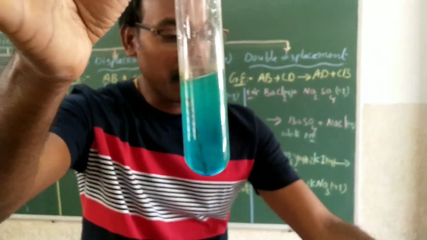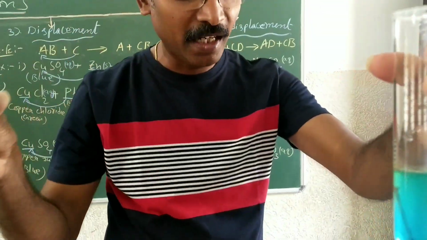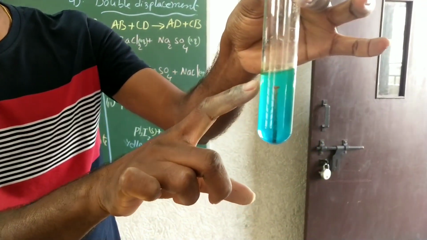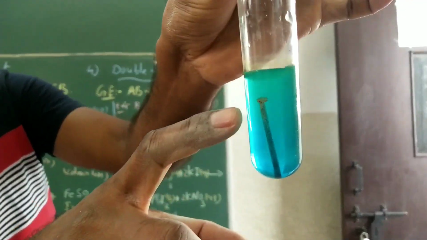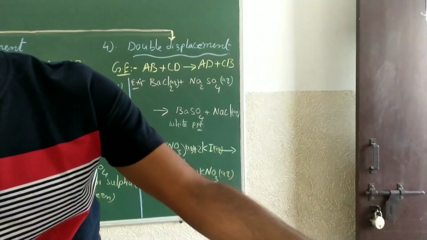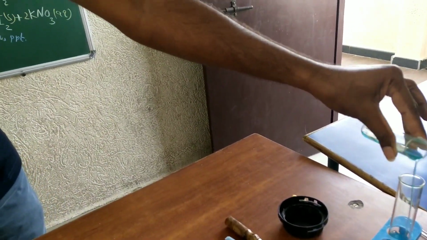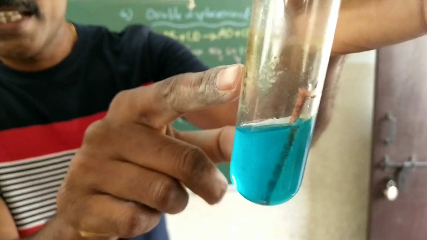That means you can see the change happening here. The color is changing into a light greenish color. And if you see the head of this iron nail, it is changing into a brownish color. Are you able to see? Just let me drain some solution so that the head can be seen very clearly. Now you see the head. Are you able to see the brown color?